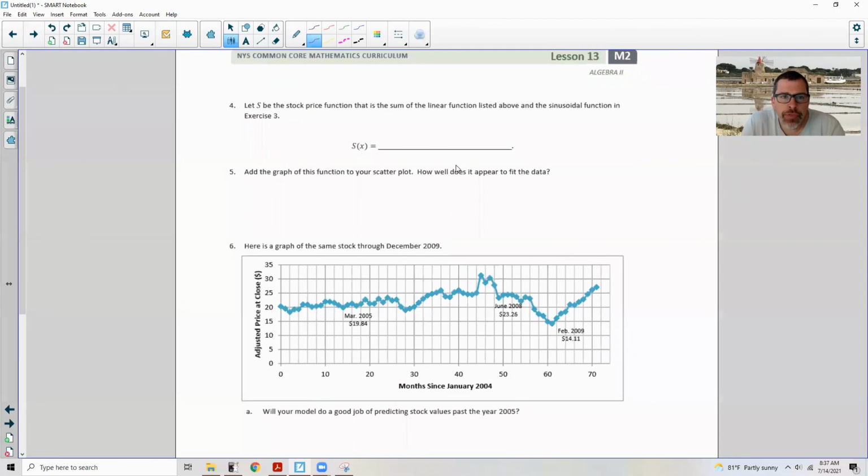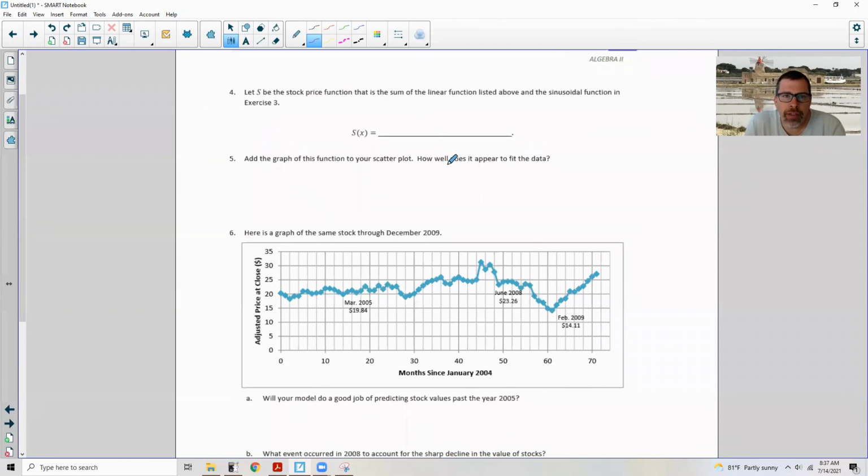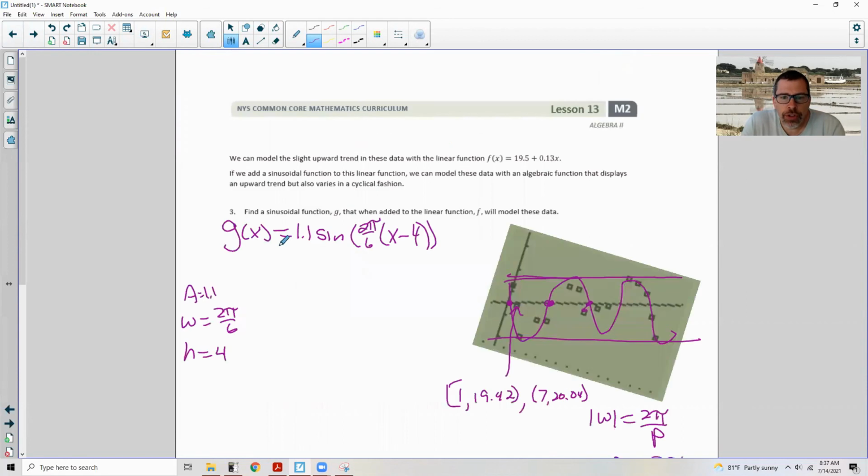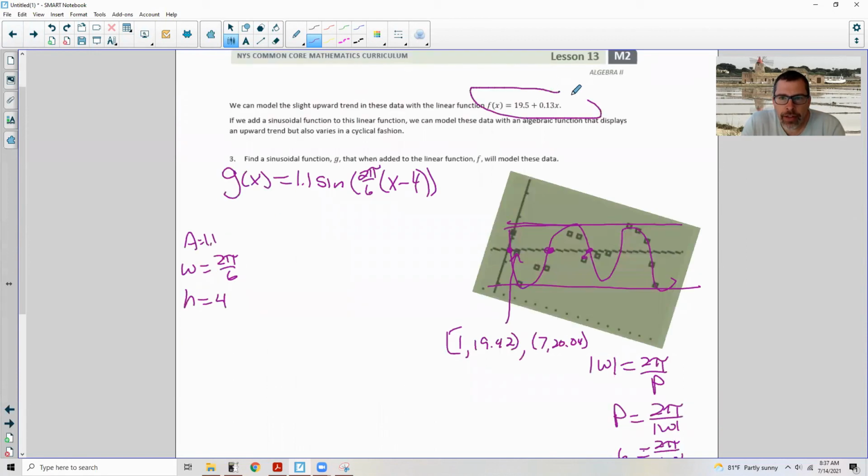All right, page 8, number 4 says to let S be the stock price function, that is the sum of the linear function listed above and the sinusoidal function in exercise 3. So what we're going to do is go back here and just add this to that.